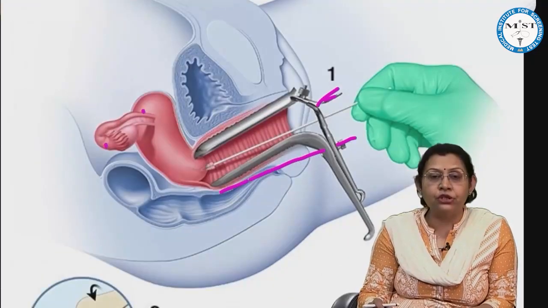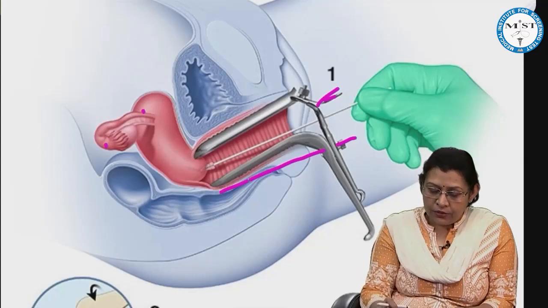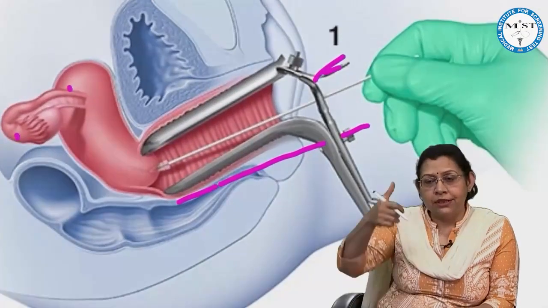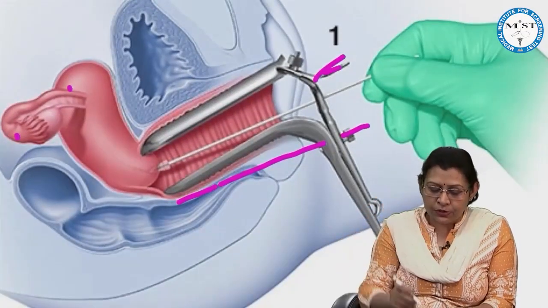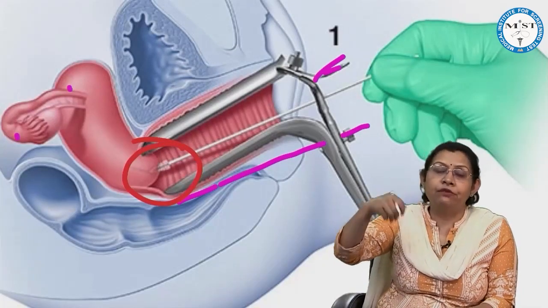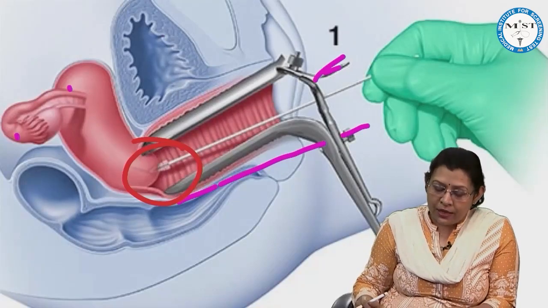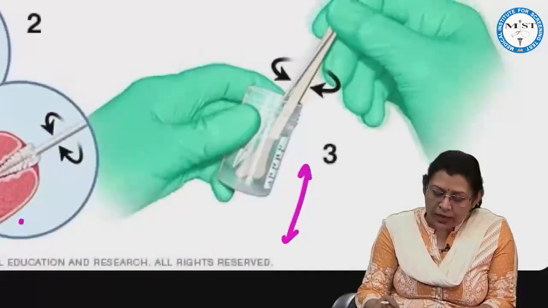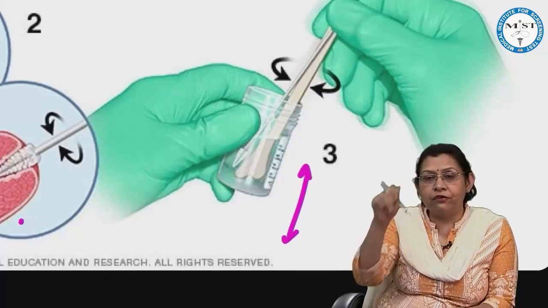which is showing the procedure of the pap smear, and you can see that with the Sims speculum the cervix is being exposed, and this is the cytobrush which is taking the endocervical smear, and this is the Ayre's spatula which is used to take the smear from the ectocervix.